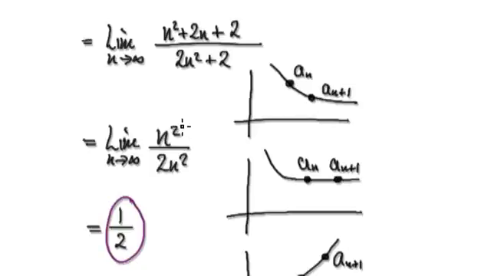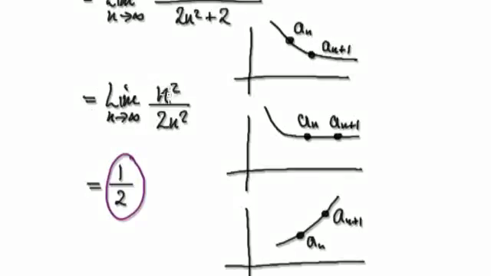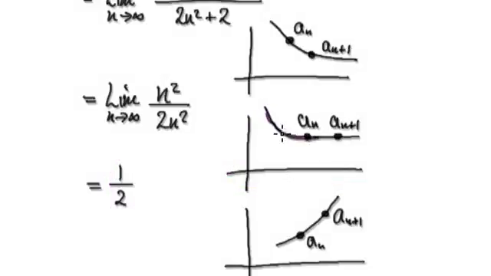Remember, we are talking about the limit of the ratio. We're not talking about the limit of the sequence itself. What if you take the ratio and the limit is 1? If the limit is 1, all that it's telling you is that the graph or the sequence is flattening out. That's all that it's telling you. Because when you get the magnitude here divided by the magnitude here, let's say the magnitude here is 3.